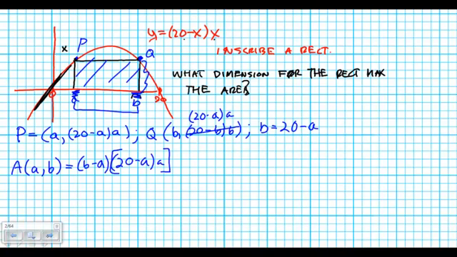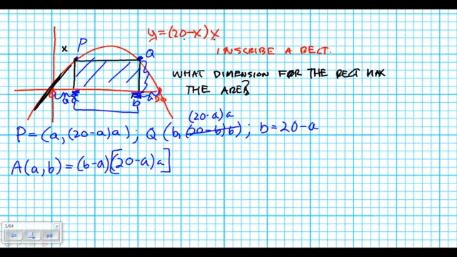What do we know about parabolas? They're symmetric. So wouldn't the distance here, which I happen to call a, also be the distance here? So the amount I go up is the same as the amount I go down from 20.